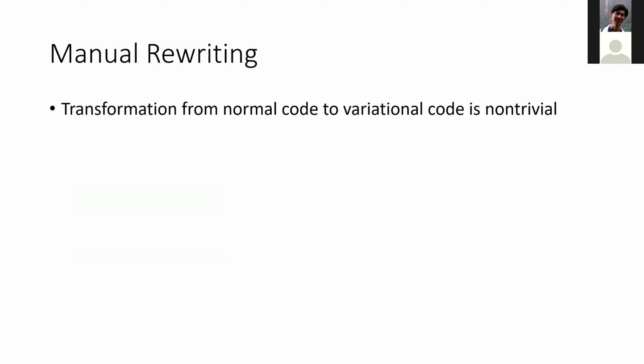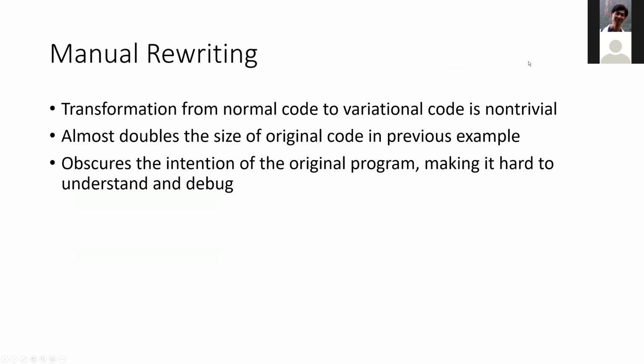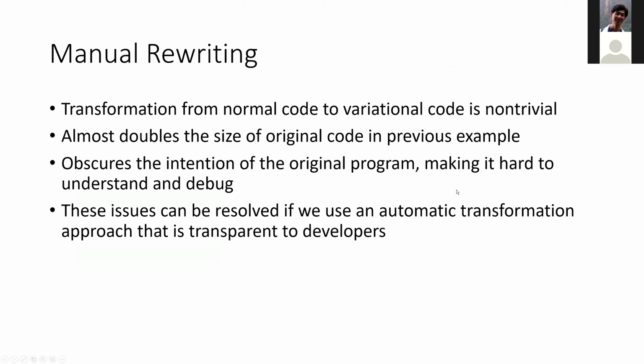Yeah, so we can see that transforming the code is non-trivial, and it almost doubles the size of the original code. Of course, it also obscures the intention of the original program, making it hard for developers to understand and debug. These issues can be resolved if we use an automatic transformation that is transparent to developers.